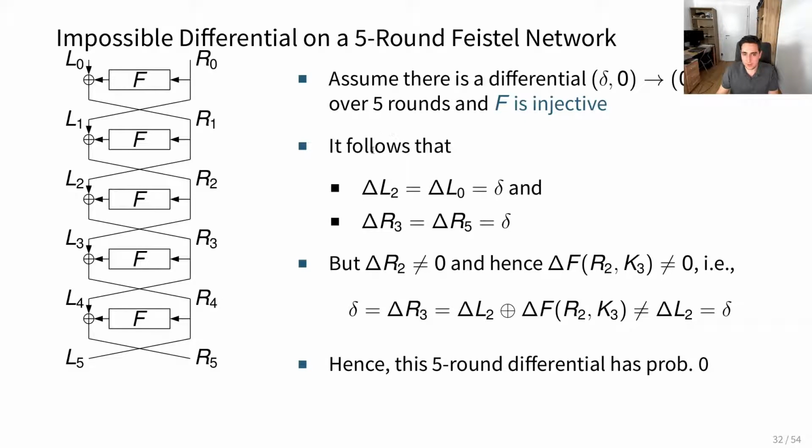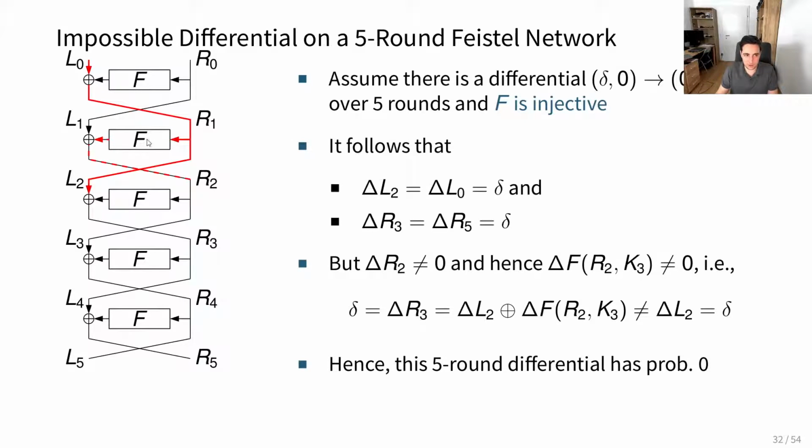And now it follows, sorry, I didn't do this now. Okay, this is maybe easier. So let's say we enter with some difference here, which is this delta here. And essentially what we have now at this position here, at the L2 position, is the same difference. Why? Well, because we have difference 0 here, so this doesn't get changed.